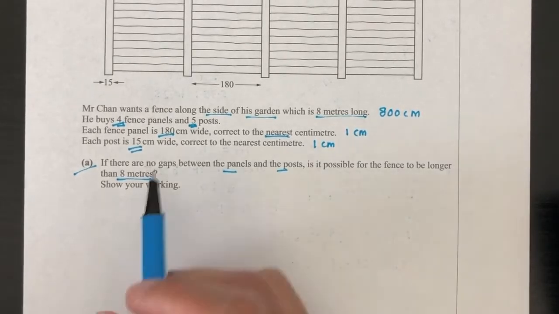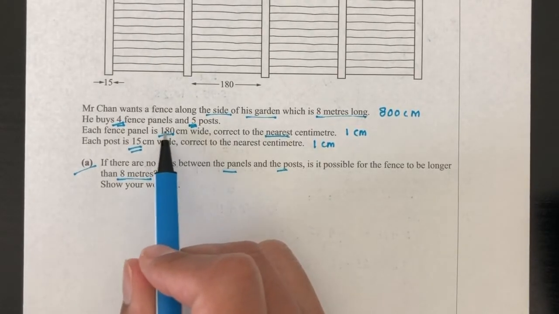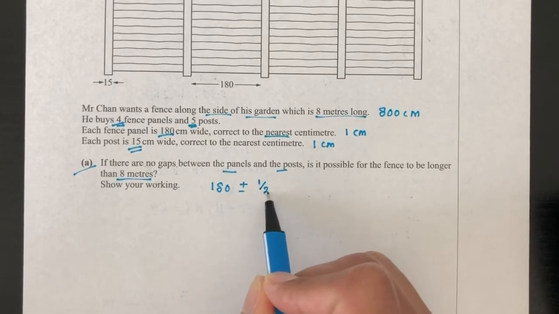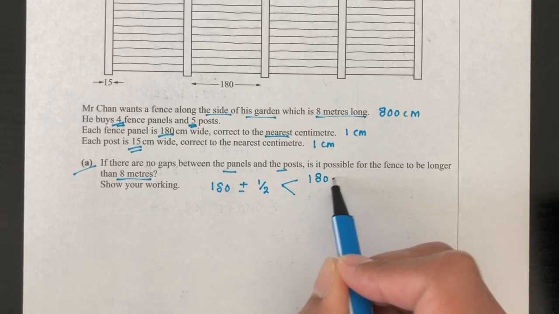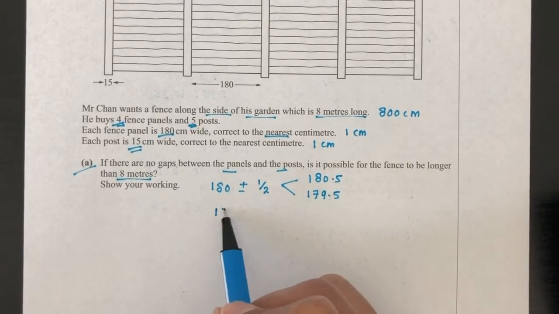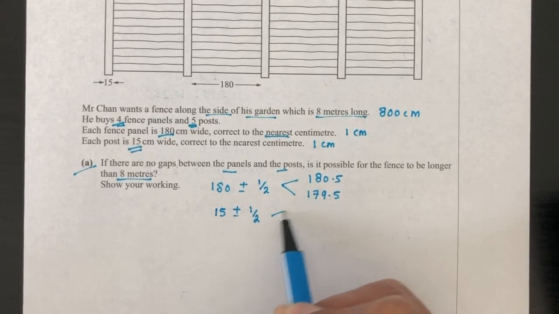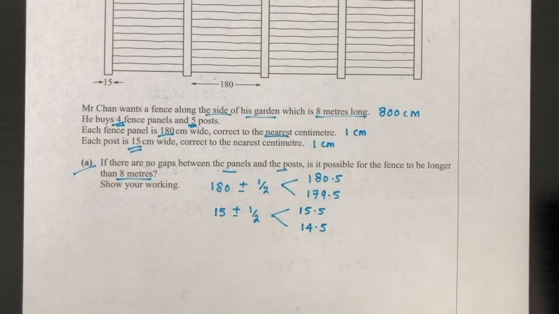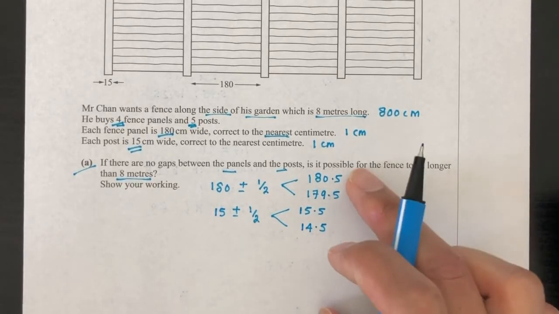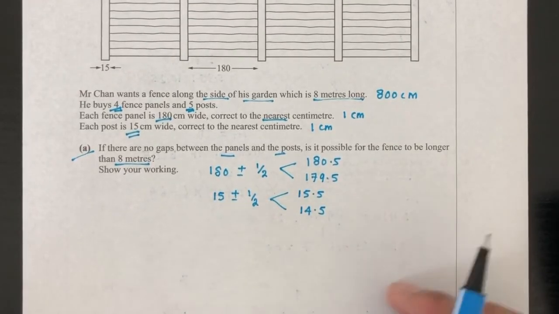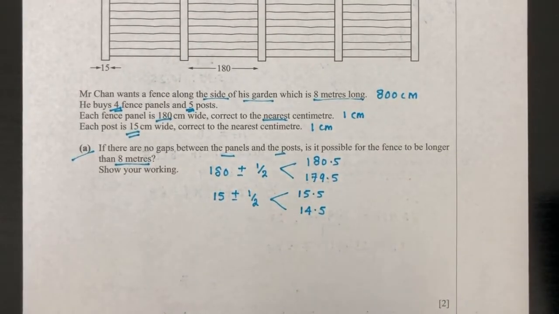First thing we do, let's write down the upper bound and lower bound of these two values. 180 plus or minus one over 2, that will be 180.5 and 179.5. This one is 15 plus or minus half, that will be 15.5 and 14.5. That's the upper bound, lower bound, upper bound, lower bound. Now we have to find whether the maximum length is bigger than 800, because we want to know if it is possible for it to be longer.